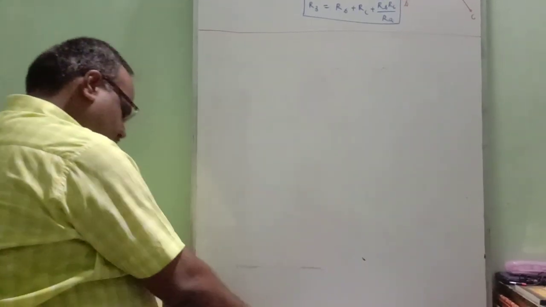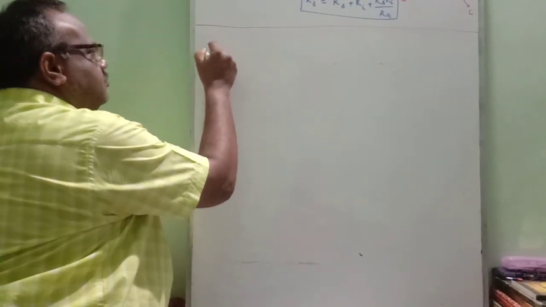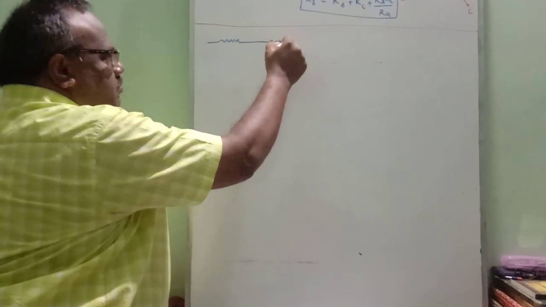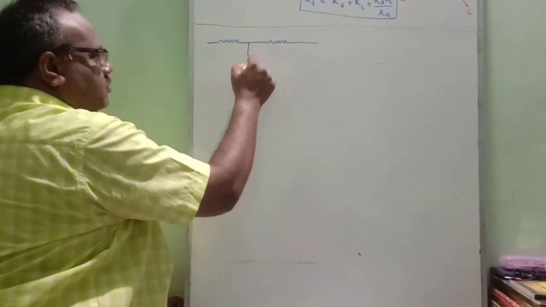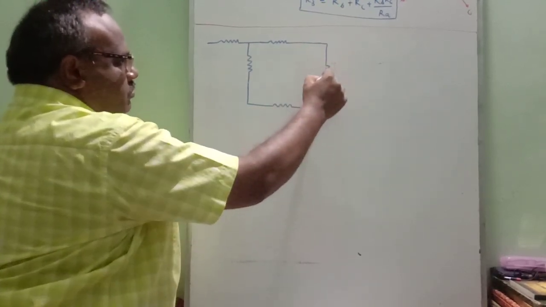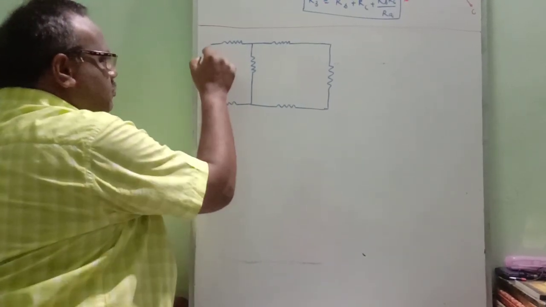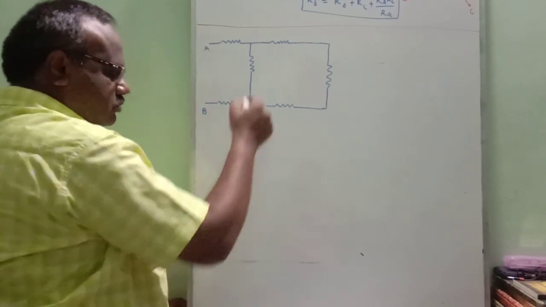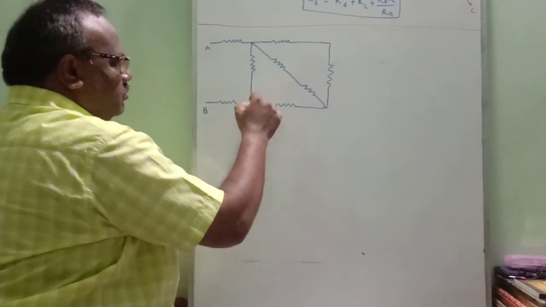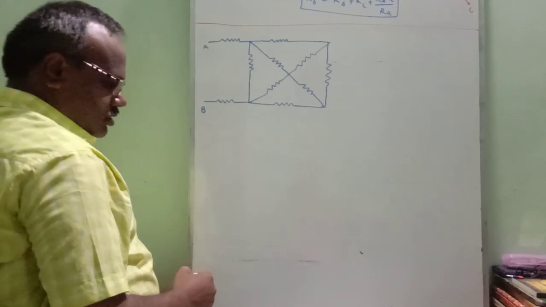Suppose the circuit looks like this. A circuit is given like this. The circuit is like this.